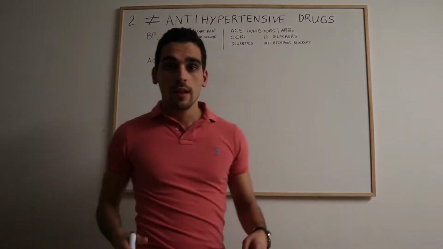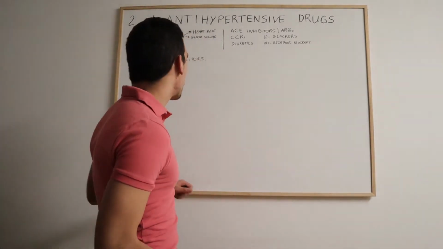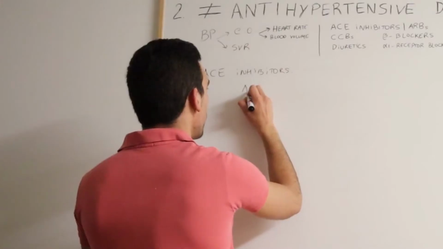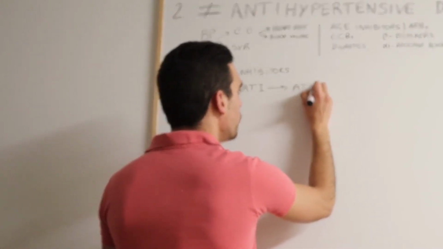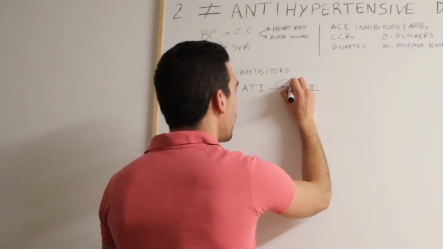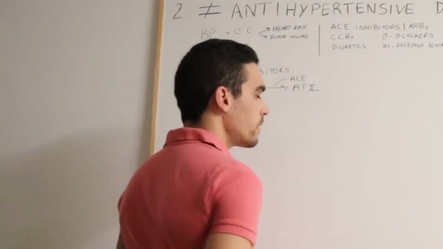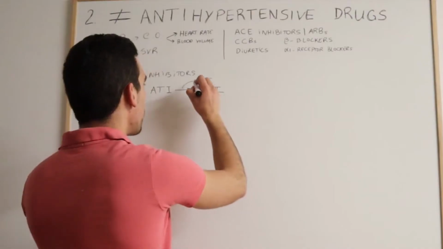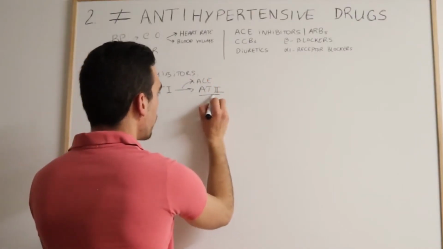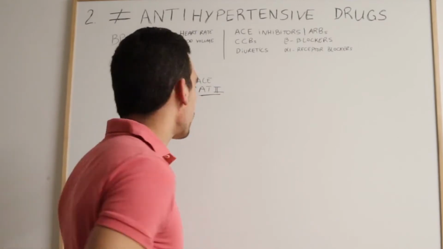Basically the ACE inhibitors act by blocking the transformation of angiotensin-1 into angiotensin-2. There is an enzyme responsible for this process, the ACE enzyme, angiotensin-converting enzyme, and it will block the formation of angiotensin-2.